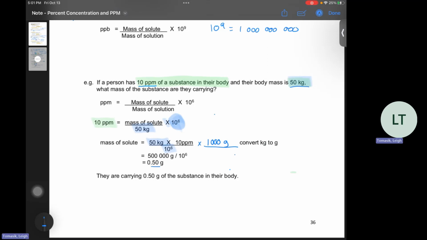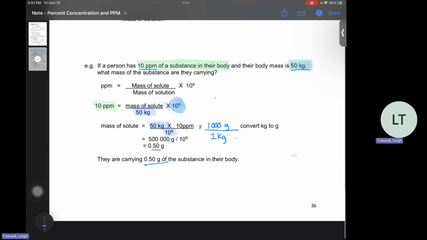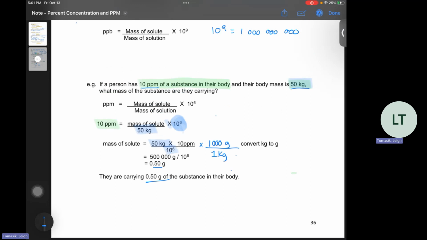There's 1,000 grams in 1 kilogram. So it's 50 times 10 times 1,000 divided by a million. And then we get 0.50 grams of substance in the body. Okay. More fun homework on the next page, and I will make a separate video for that.